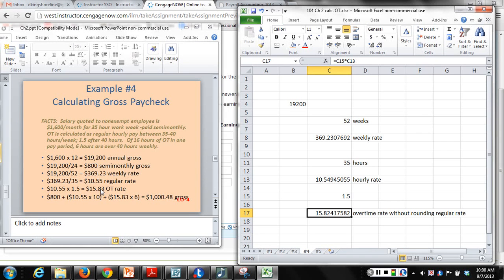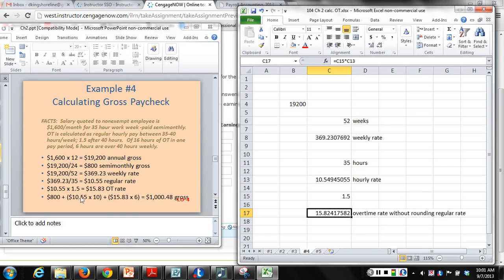So then getting back to what's the total gross paycheck here? Well, here's their regular pay of $800. We computed that here. Here is the overtime at the regular hourly rate. We use the rounded regular hourly rate here of 10.55 times the 10 hours. Where do we get that? 16 minus 6, 10.